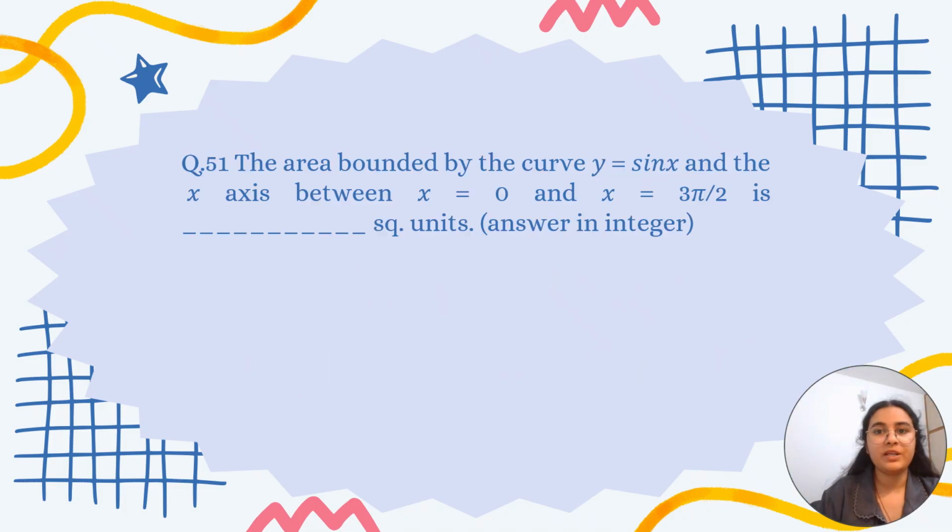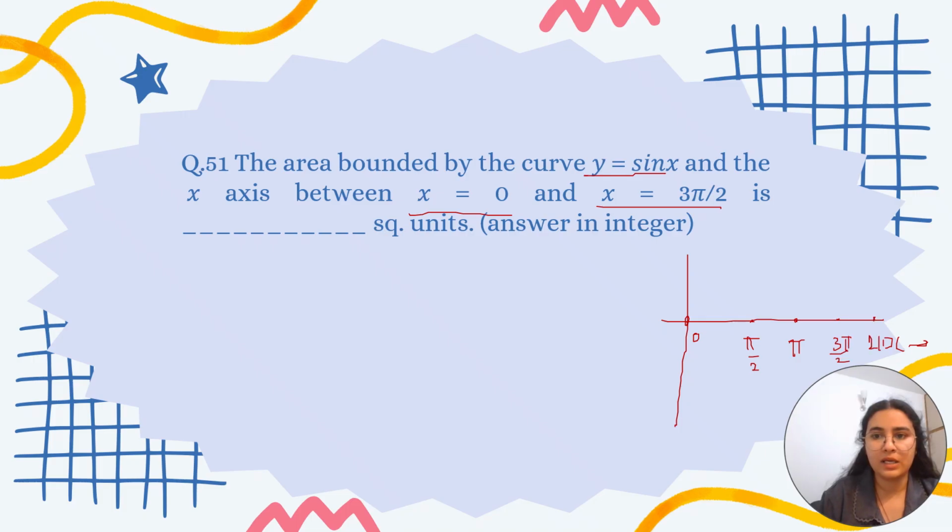The area bounded by the curve y equal to sin x and the x-axis between x equal to 0 and x equal to pi by 2. So we know that sin x is a periodic function. If I take the x-axis like this, 0, pi by 2, pi, 3 pi by 2, and then 2 pi, something like this.